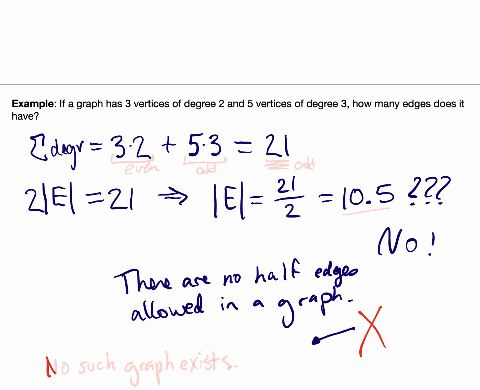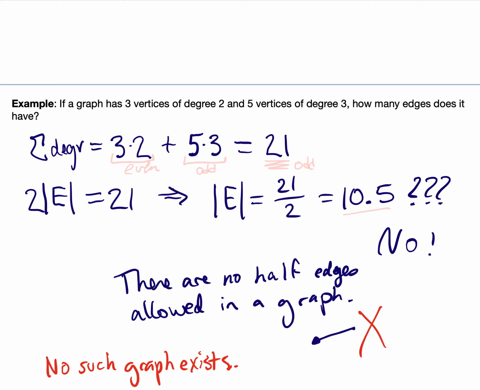And therefore, no such graph exists. You could try to draw it as much as you wanted. You could try to draw many such graphs, and you would never be able to. So that's kind of an interesting property. Let's see if we can generalize it.